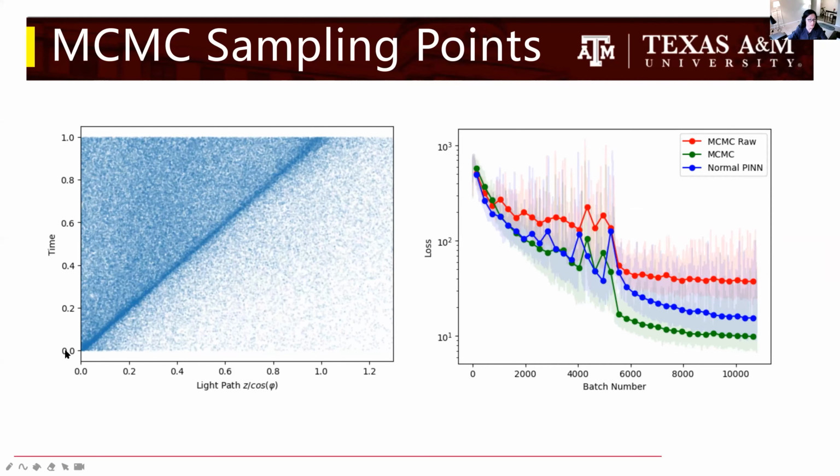Because we intentionally move the collocation points to large error regions, compared to the normal physics-informed neural network, shown as the blue curve here, we get a larger loss with the updated collocation points, shown as the red curve here.